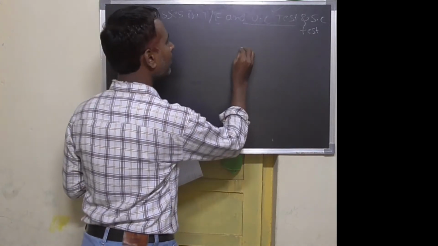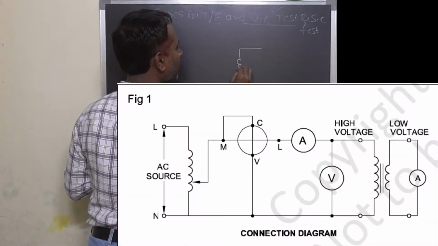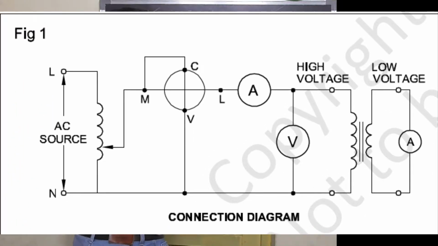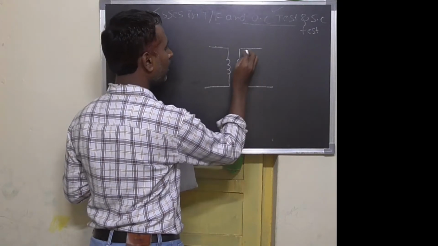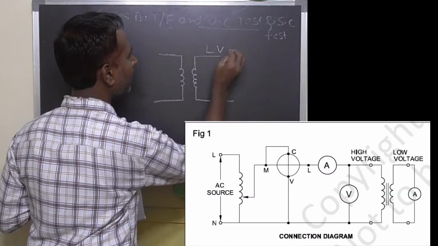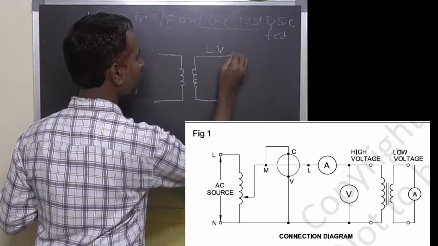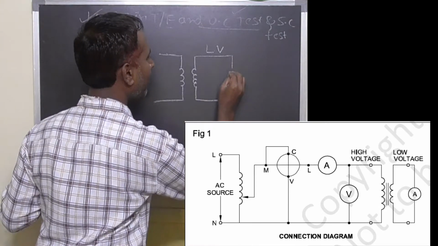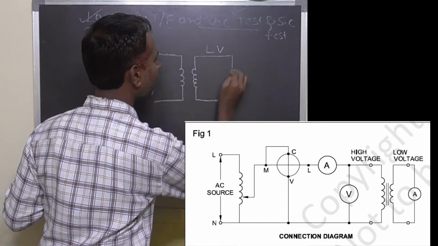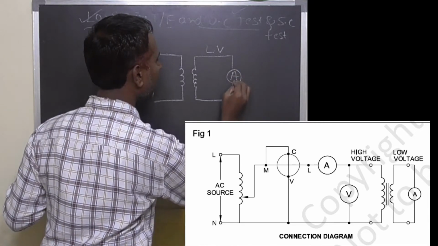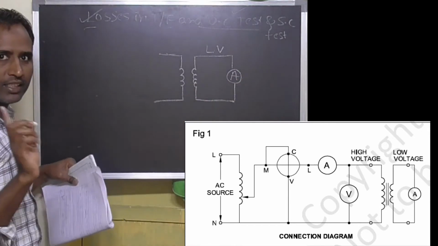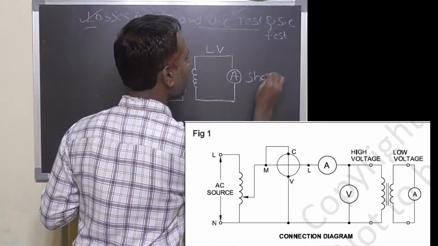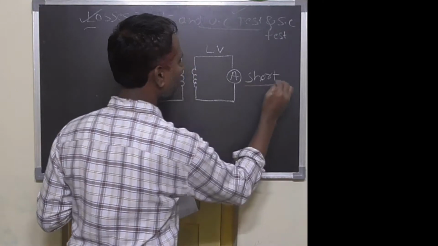As usual, I took a transformer here. Here, this is the LV side, low voltage side. On the low voltage side, I have connected an ammeter here. This is step 1 completed. It means this is short circuited.